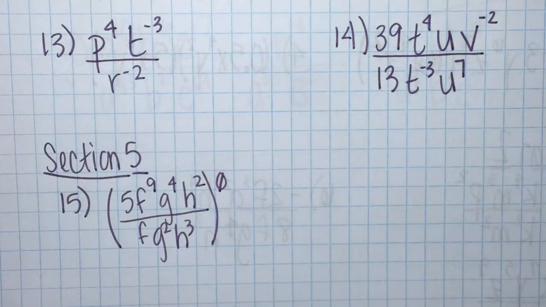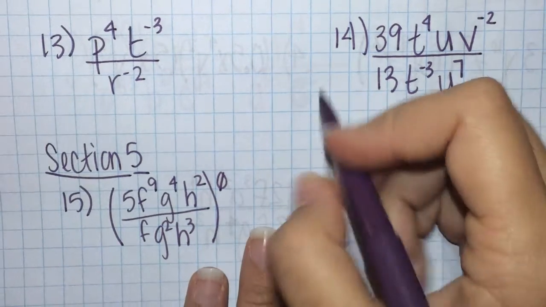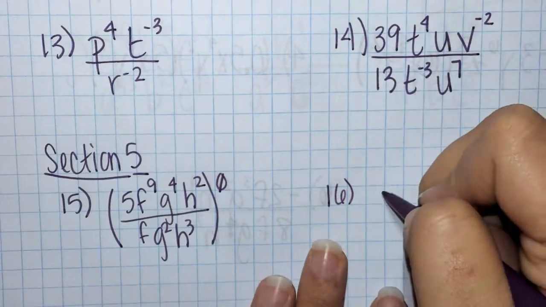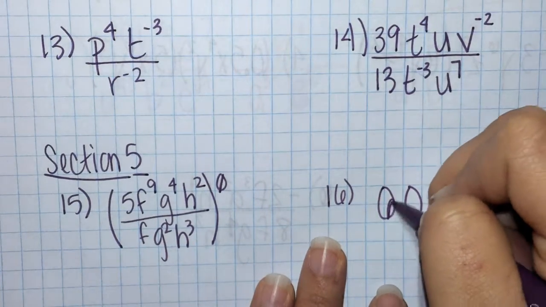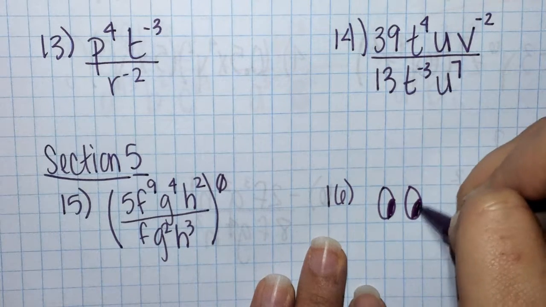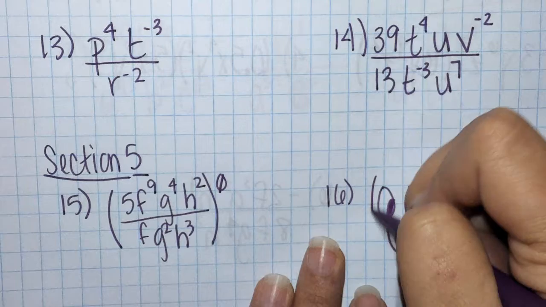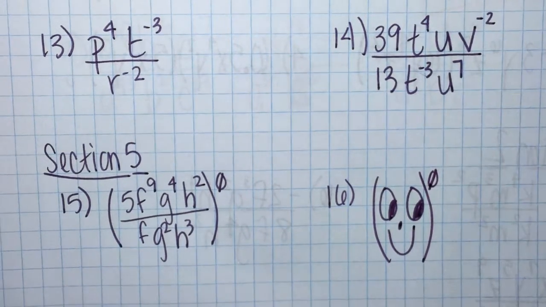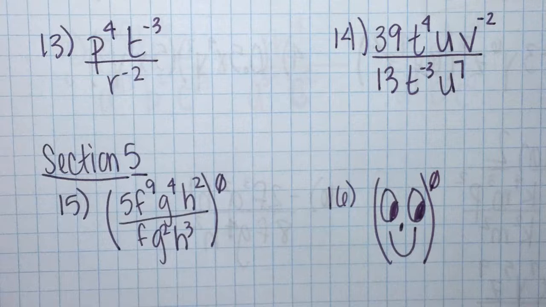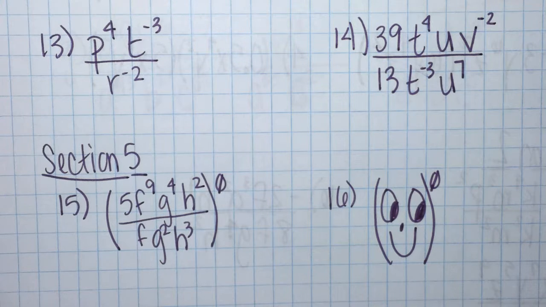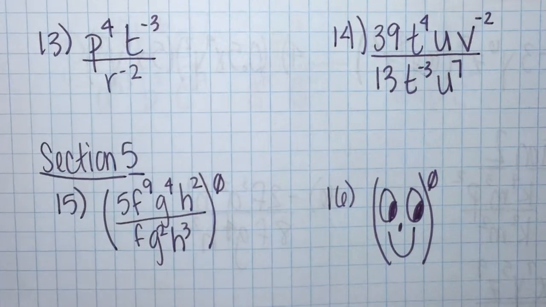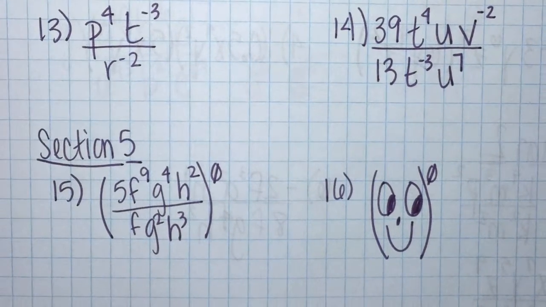When I write, you write. It's only one because you can. Are we done with 13 and 14?